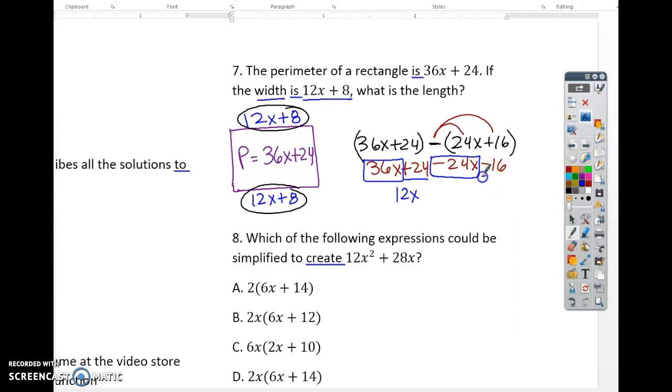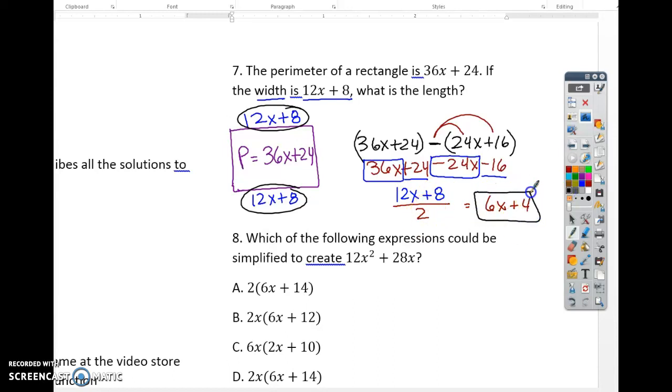And 24 minus 16, put it in the calculator, 24 minus 16 gives you a positive 8. Okay, now this is the total of both of these sides. So in order to just get one of the sides, we talked about this before, you have to divide by 2. So 12x divided by 2 is 6x, and 8 divided by 2 is positive 4.